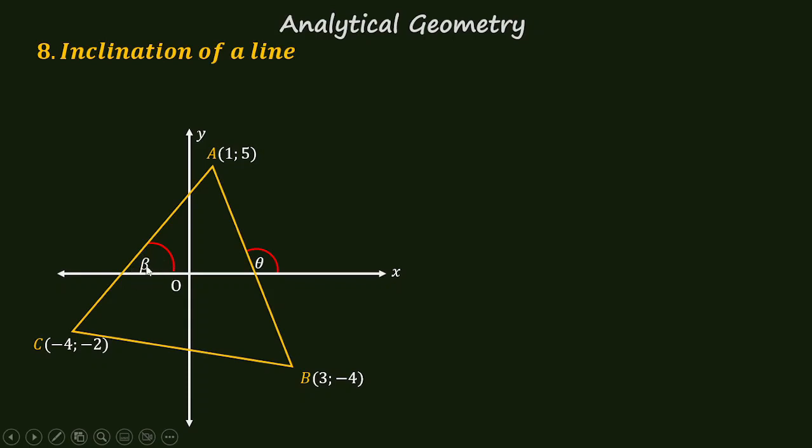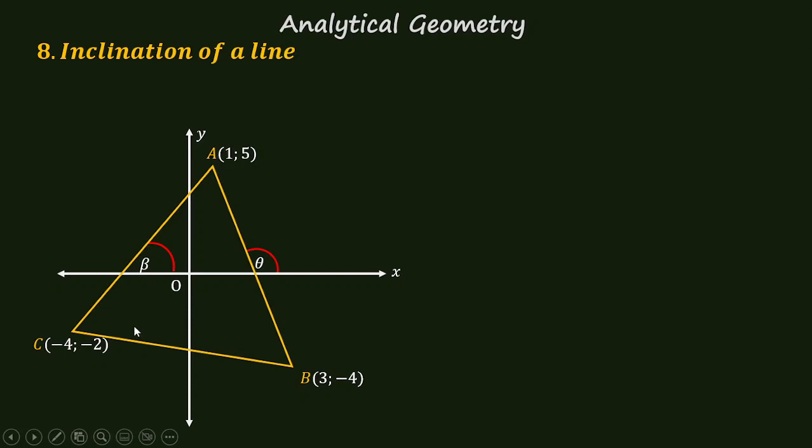How do we find the angle beta? There is a relationship between the tangent of this angle and the gradient of the straight line, and this is the most important part that will help you to find the angle. So there is a relationship between the tangent of the angle beta and the gradient of the straight line AC.